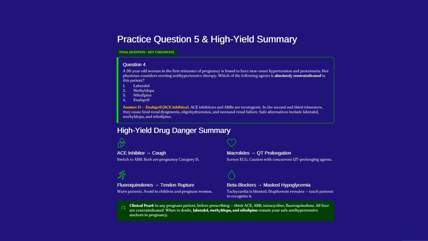It's asking what medication is absolutely contraindicated in a pregnant patient. The answer is enalapril, which is an ACE inhibitor. The rest, labetalol, methyldopa, and nifedipine, are all safe in pregnancy.